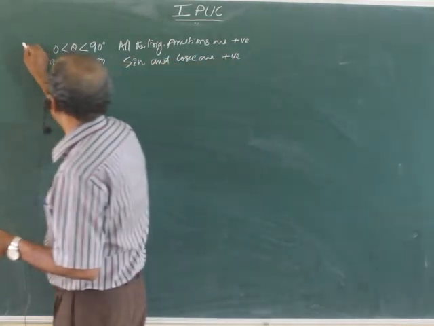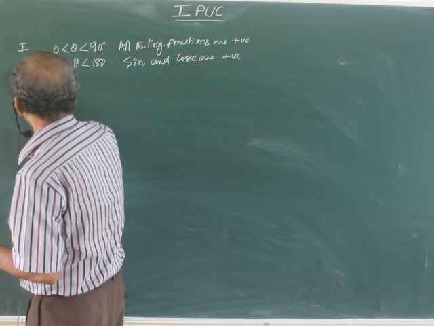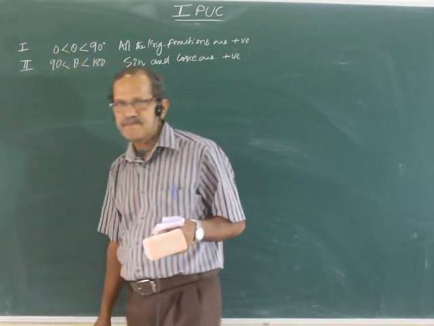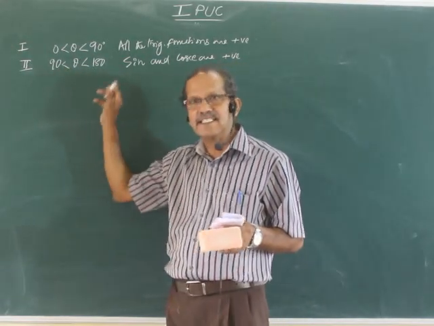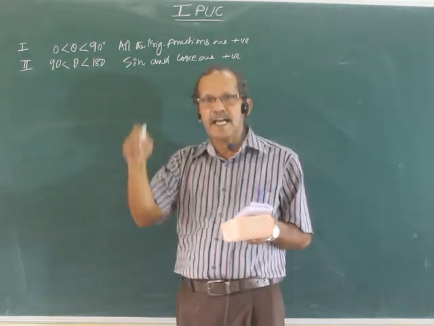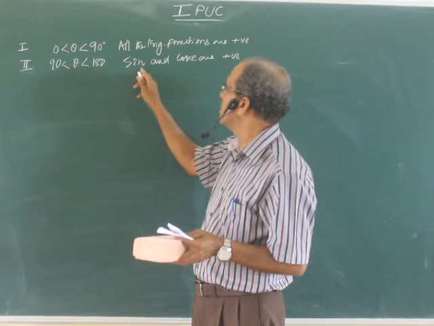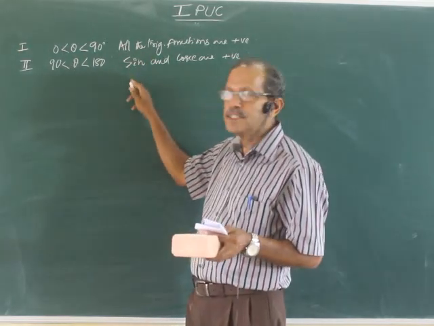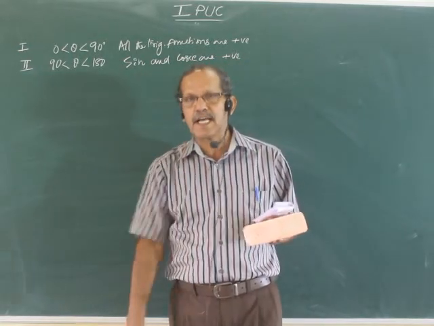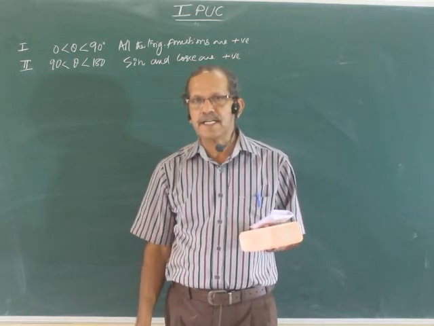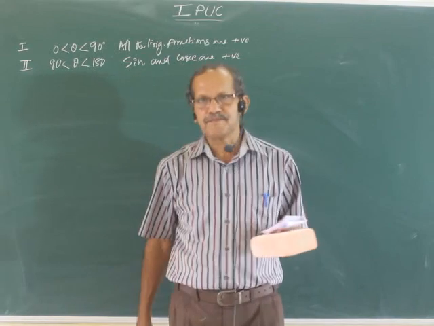Actually, this one is the first quadrant, and this is the second quadrant. Whenever the angle is greater than 90, less than 180, its sine value is positive. Whenever sine is positive, its reciprocal is always positive. The remaining 4 functions, cos, secant, tan, cot, are negative.